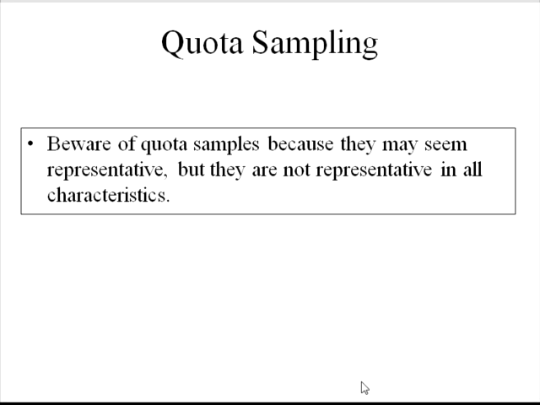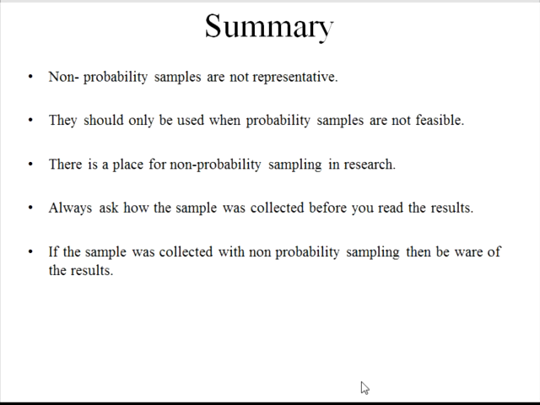So beware of those. The only way to have samples that are representative in all characteristics is by using a probability sample, right? So every time you use a non-probability sample, you have to disclose that this sample may not be representative of the entire population, right?